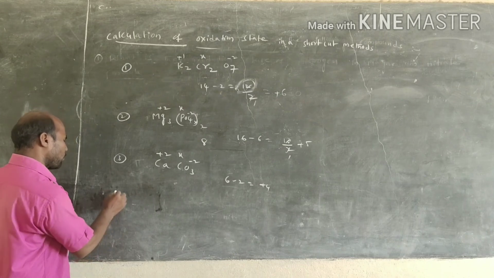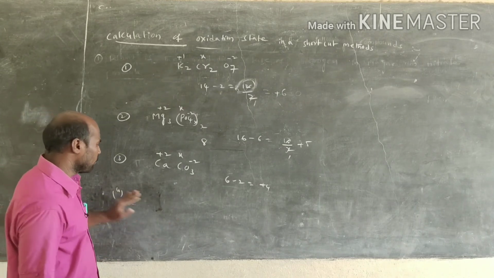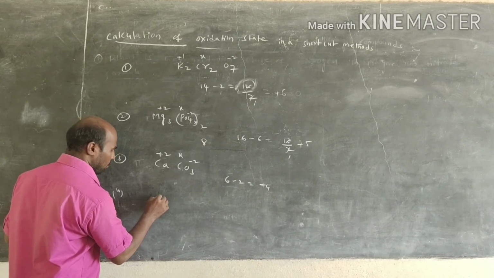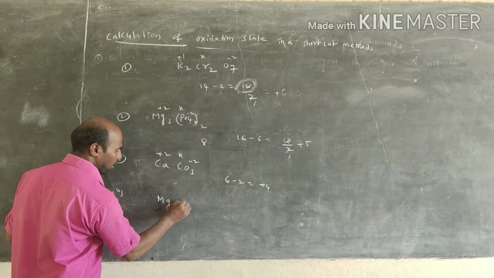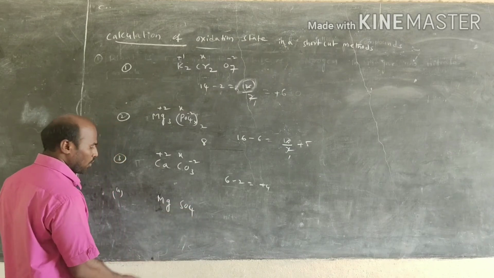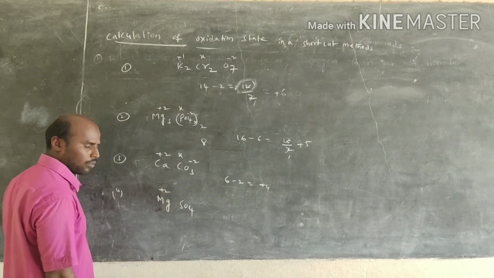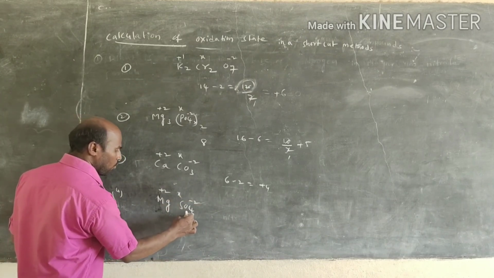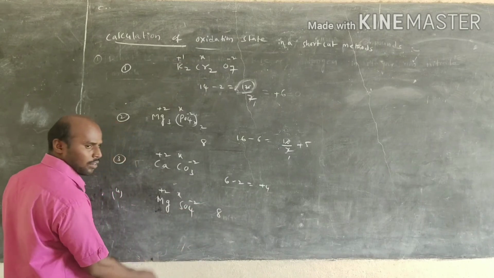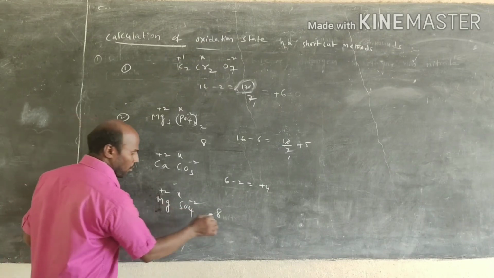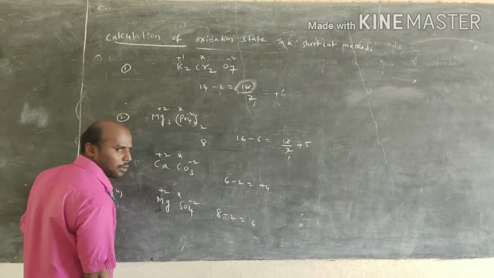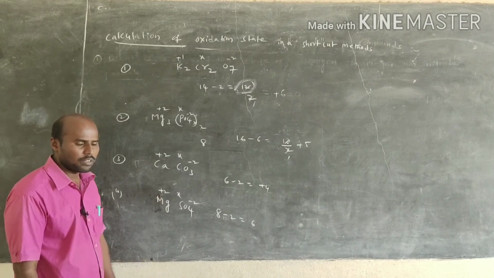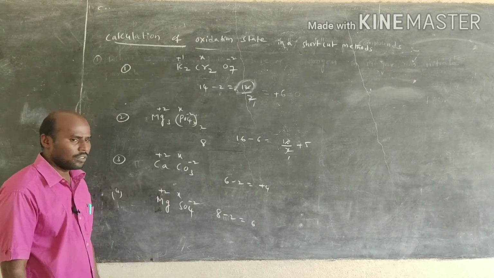Like that we can take one more example: magnesium sulfate, MgSO4. The charge of magnesium is plus 2. What is the charge of sulfur? X. What is the charge of oxygen? 4 twos are 8, and one magnesium has plus 2, so here the charge is plus 6. Like that we can calculate oxidation numbers by the shortcut method and the long method.